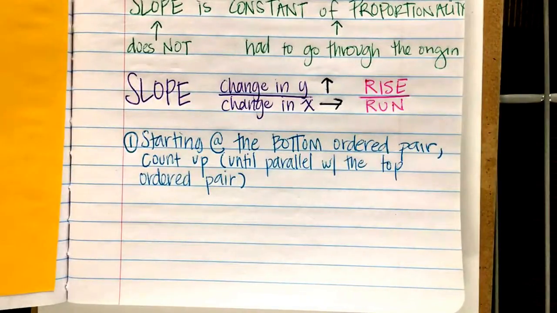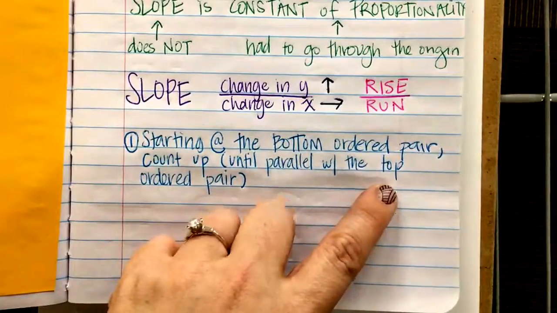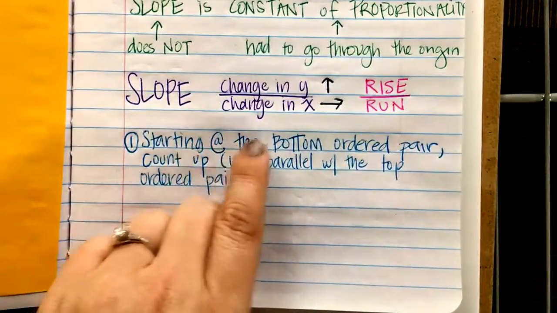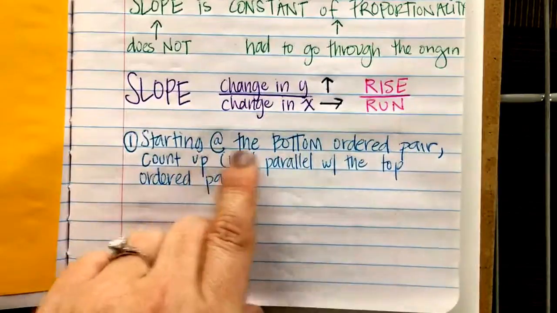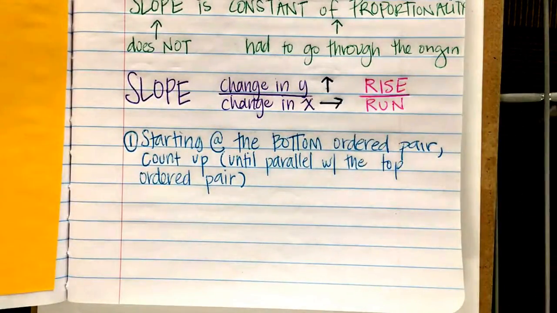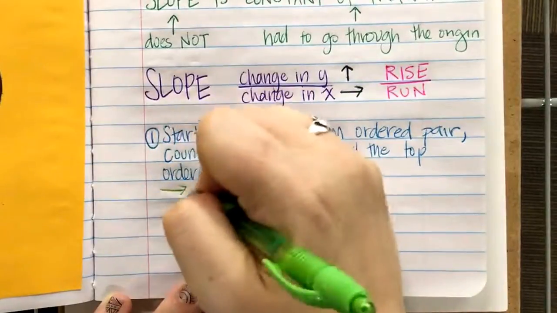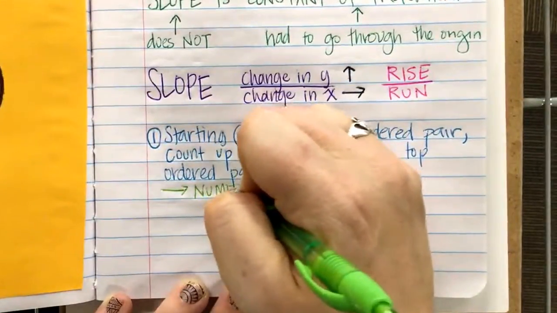What does parallel mean? Side by side. And since you're counting up, right? Starting at the bottom ordered pair, count up until parallel with the top ordered pair. So counting up, what does that represent? Counting up the y. So this is going to be your numerator.